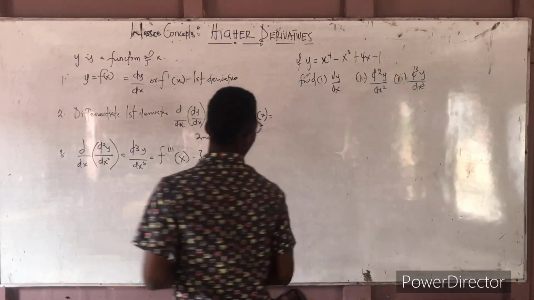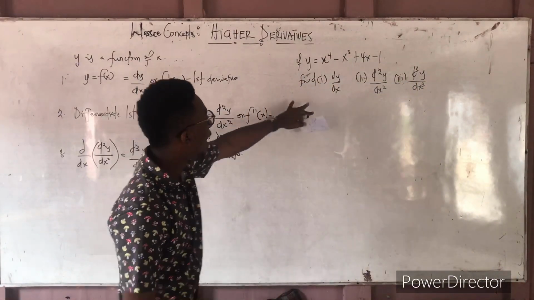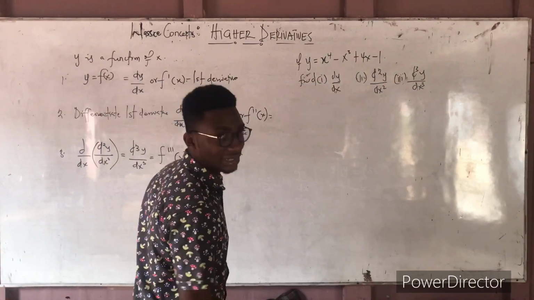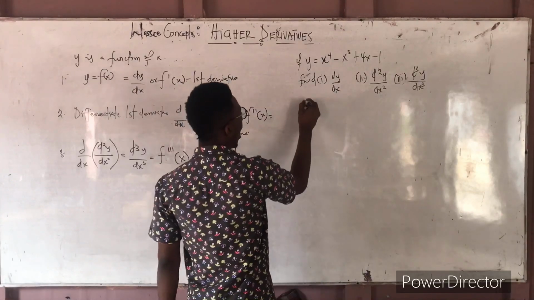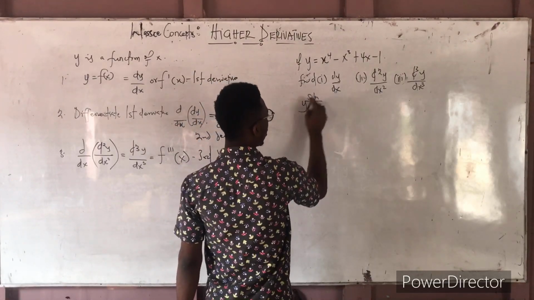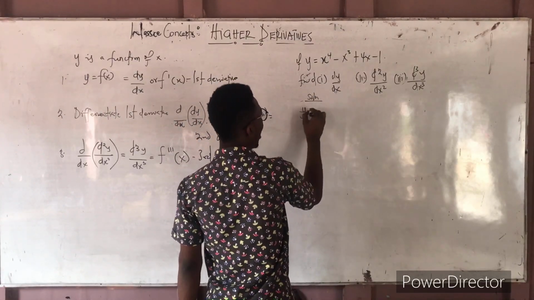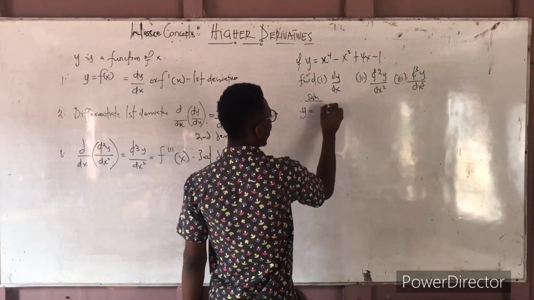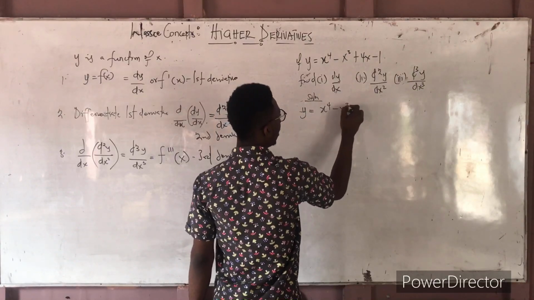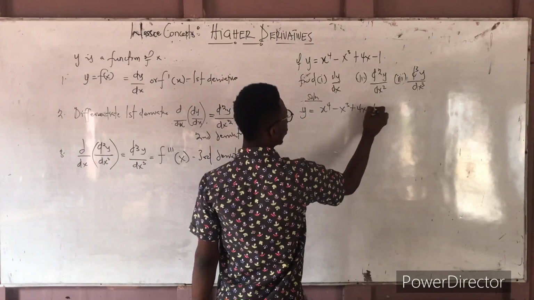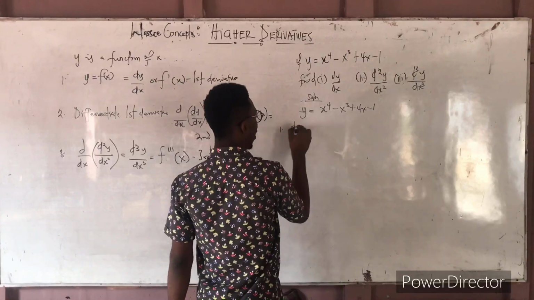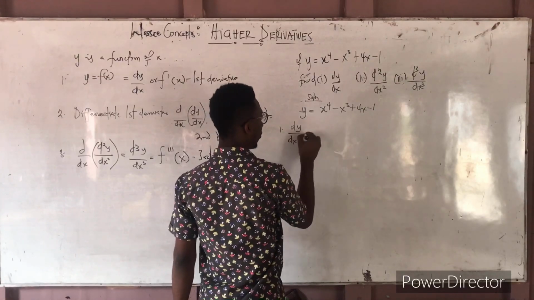Okay, so now you have been given this function, and we are asked to find these derivatives of it. So, our solution: you have our function y in terms of x, x to the 4 minus x cubed plus 4x minus 1. Therefore our dy/dx is simple.